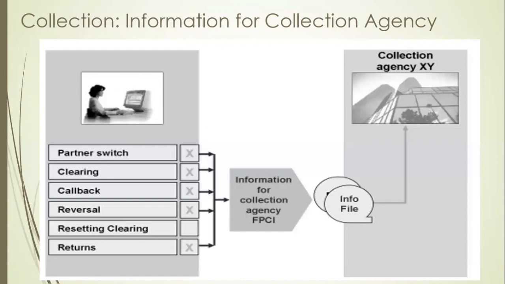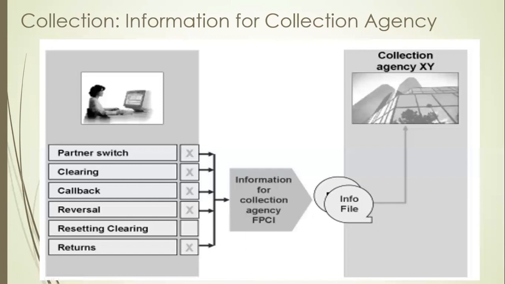So to stop that, we have some checkboxes, and we need to put some checks if the information collected from the agencies and whatever information you have is not matching. Okay, now the partnership is closed, clearing is done, callback is done, reversal is done, returns is done. Resetting clearance means that is kind of a write-off that is not done.